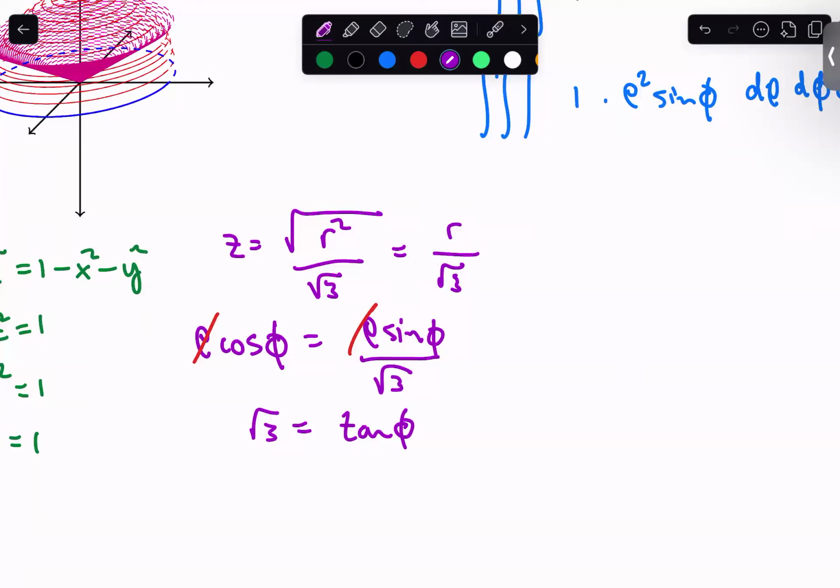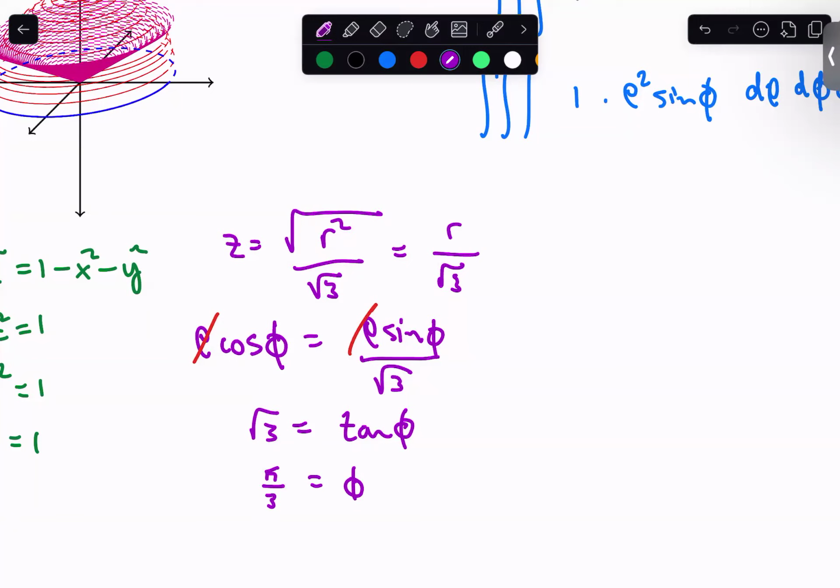Now, if you're good friends with the unit circle, you may be able to just look at this and say that phi is equal to pi over 3 and be good with that. However, I think there's many of us who have a hard time making such a jump. And so I would recommend that you put the square root of 3 into your calculator, and you're going to get some decimals.